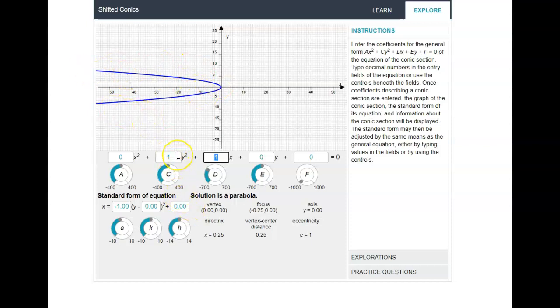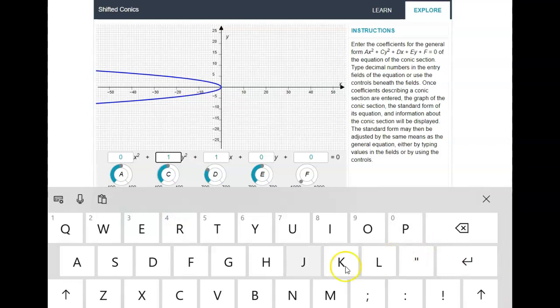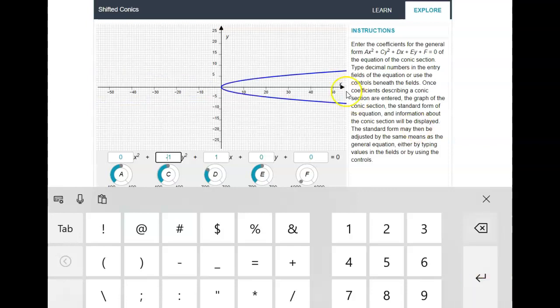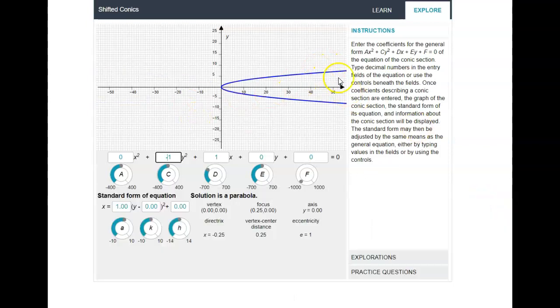Then I could just simply change this one to -1 and press enter, and you could see now it is opening on the other side. So that is just a quick example for that.